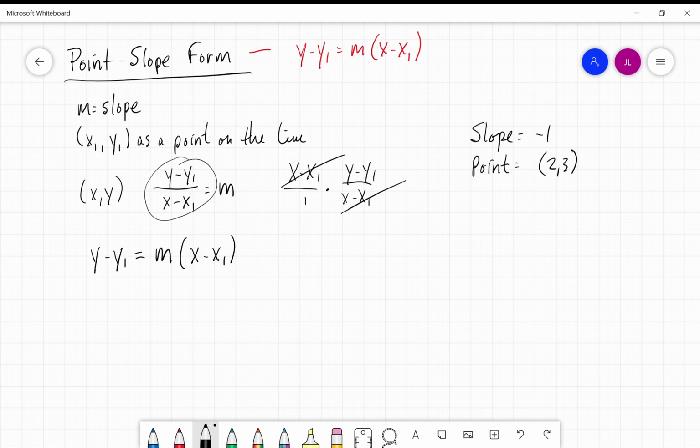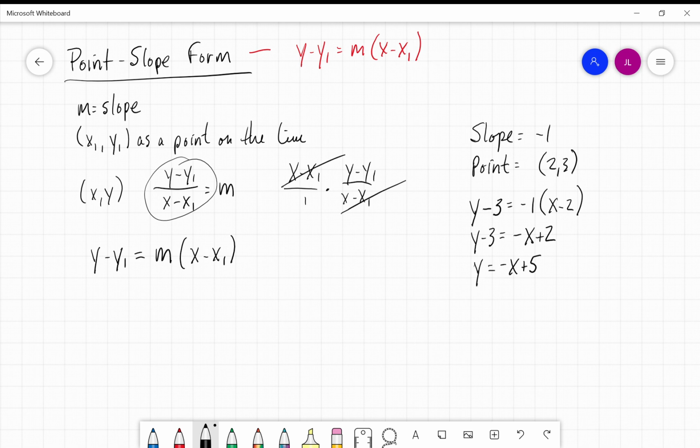Remember this point is our x sub 1, y sub 1. So y minus our y sub 1, which is 3, equals our slope, -1, multiplied by x minus x1, which is 2. Now if we distribute on the right hand side, y minus 3 is equal to -x plus 2. And now if we add 3 to both sides, y equals -x plus 5.